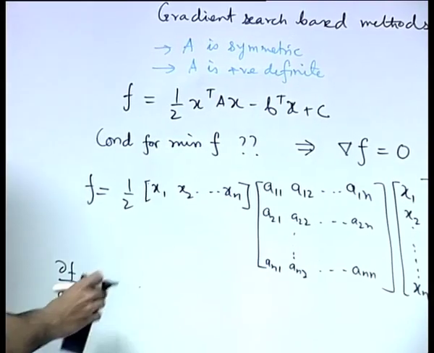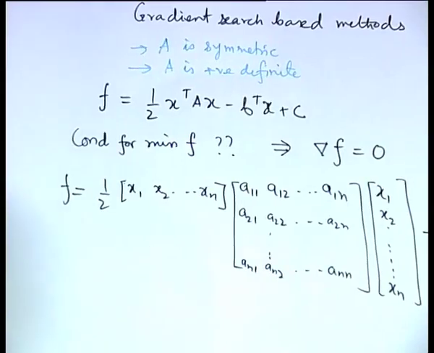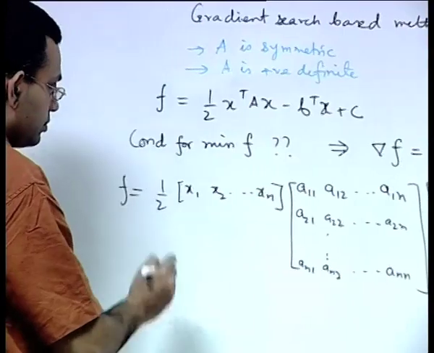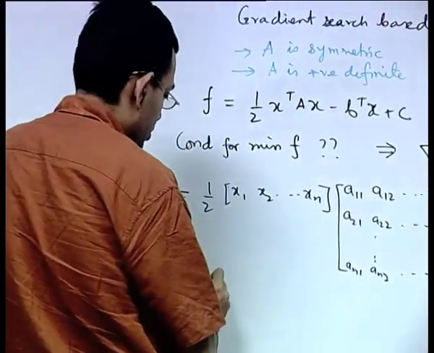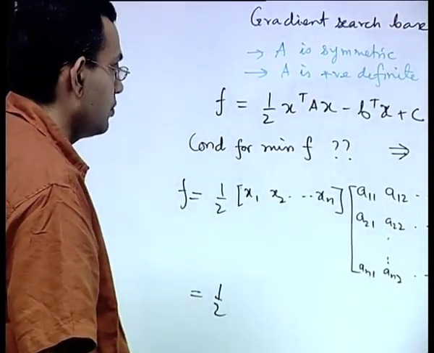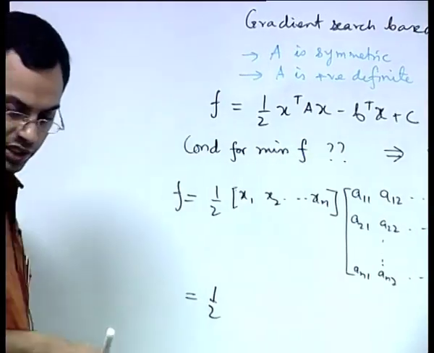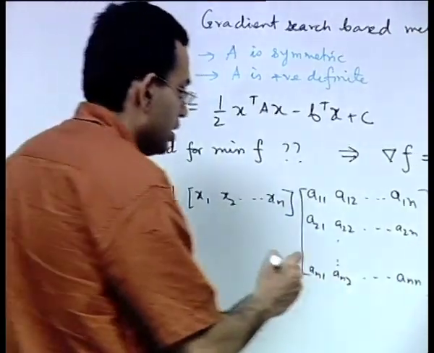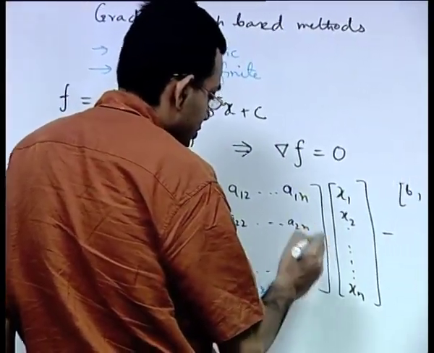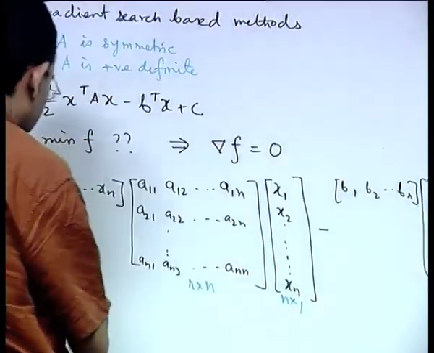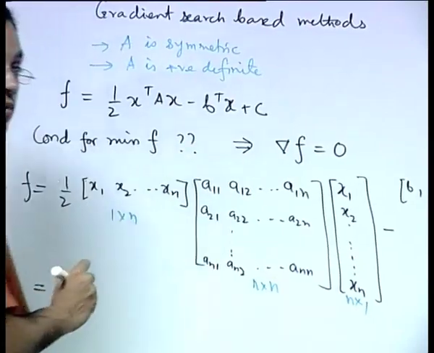To do that, maybe let us do one more step to simplify f. So let us check the dimensionalities of the system for matrix multiplication compatibility. This is n by n, this is n by 1, and this is 1 by n.